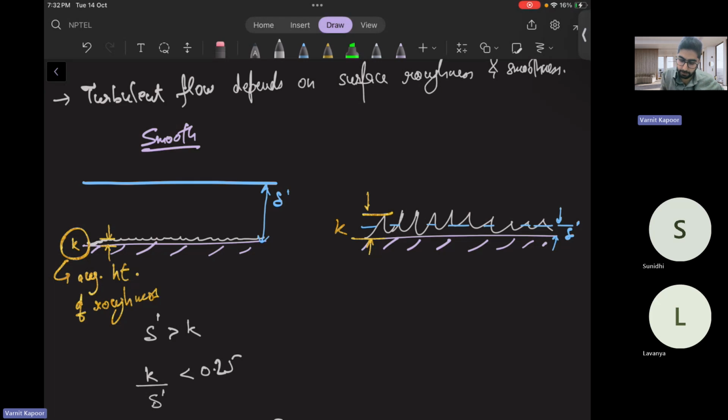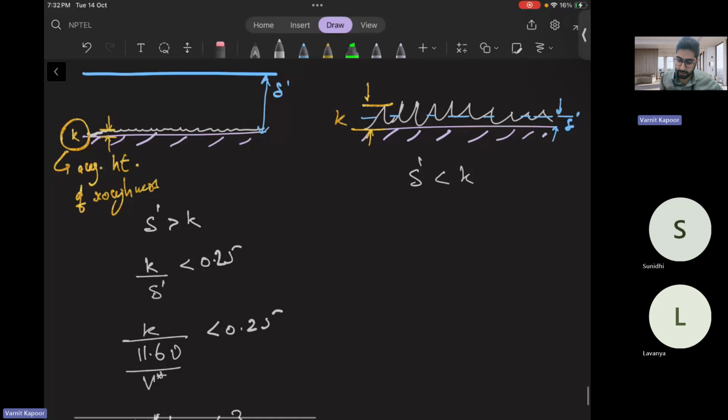So here, for a rough surface, my delta dash is less than K. Previously, delta dash was greater than K. So what will be K by delta dash for this? It is greater than 6. Okay, this is your condition.